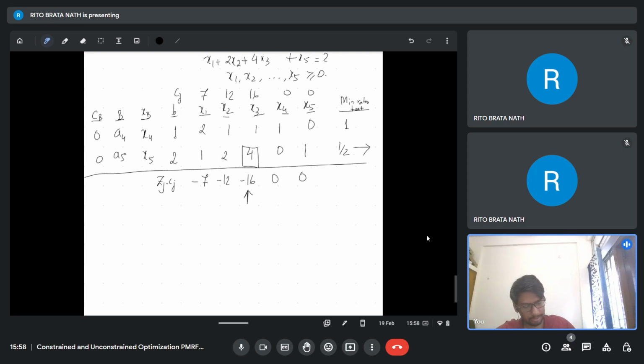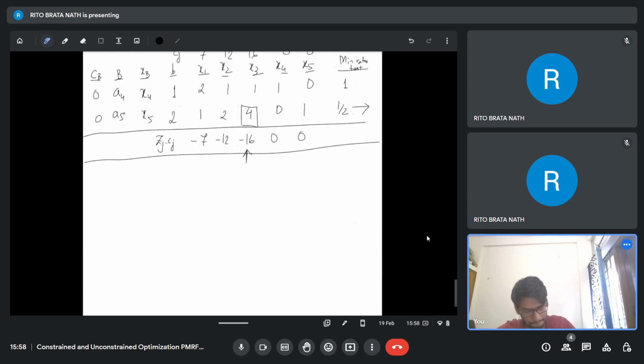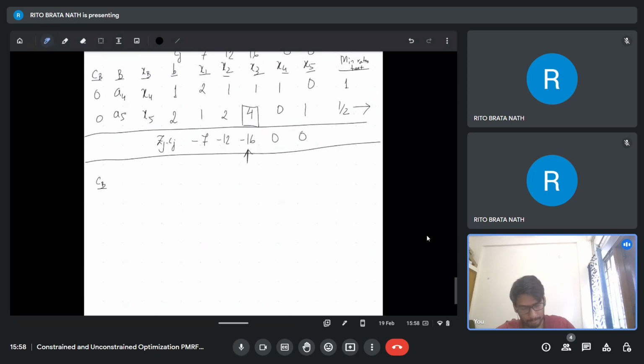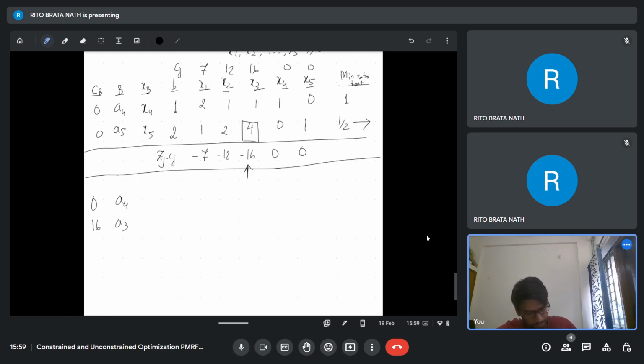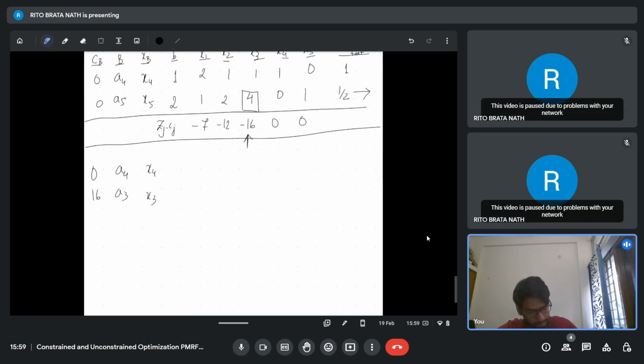So this will be leaving. Okay, I'm not writing this. So here your bases will be A4 and A3. This is 16, this is 0, this is x4, x3. Now you can divide this by 4, so that's half, fourth, half, 1, 0, 4.